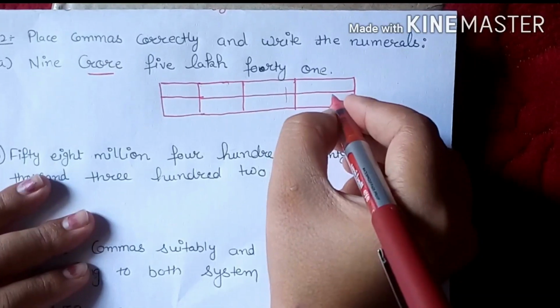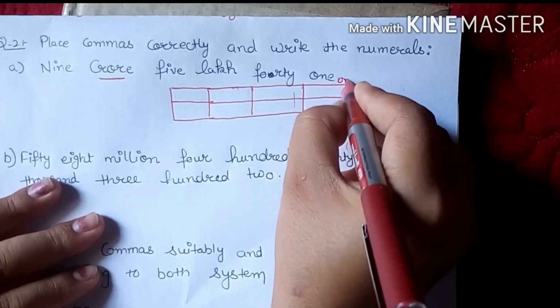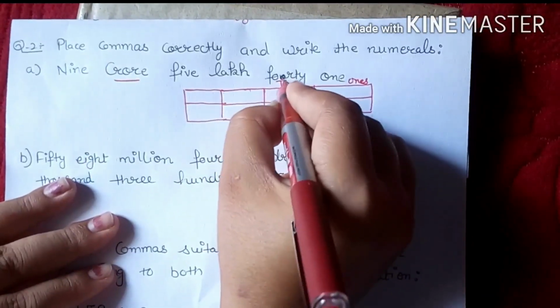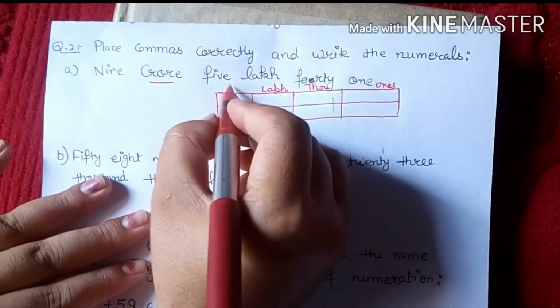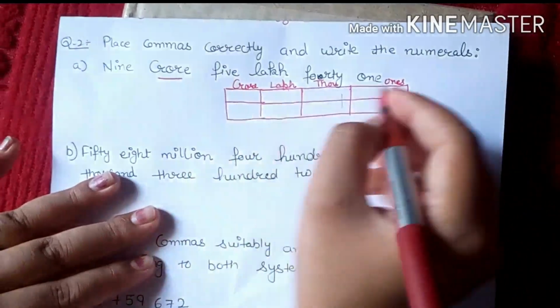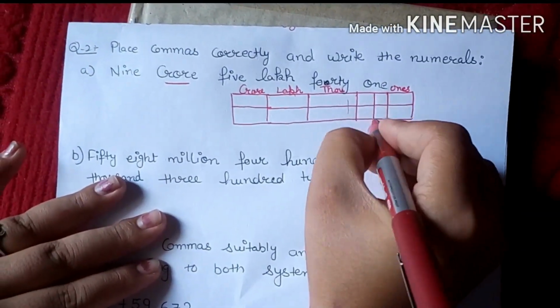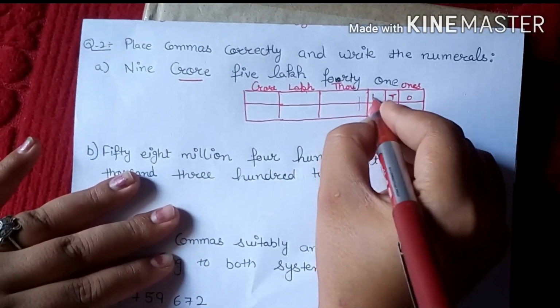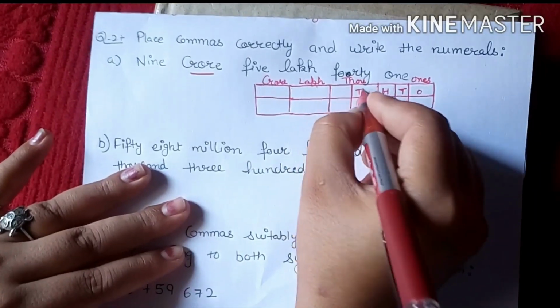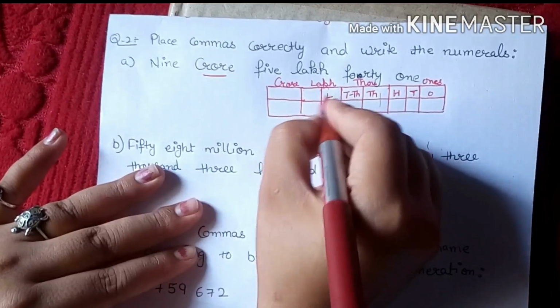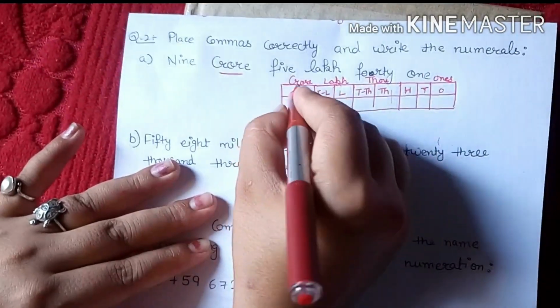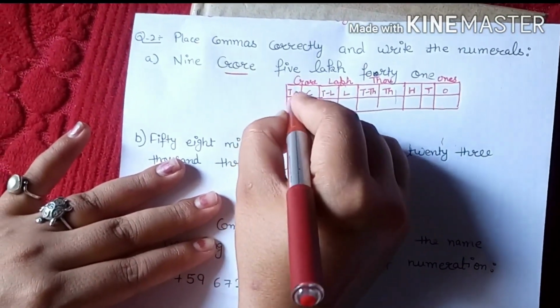The ones place has three terms: ones, tens, hundred, then thousand, 10,000, lakh, 10 lakh. Same with crore and 10 crore.